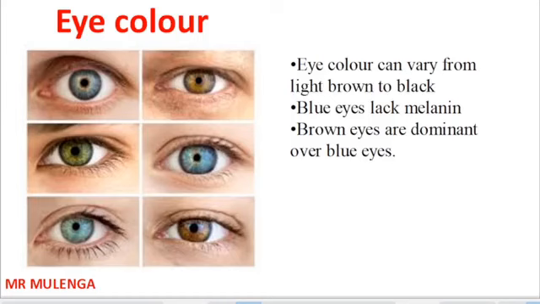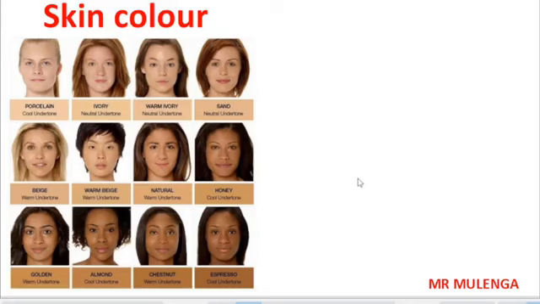Let us now look at the variation under skin color. Skin color variations are determined by the production of melanin in the skin. The phenotypes for skin color are controlled by 2 genes, and they are represented by 9 different genotypes.